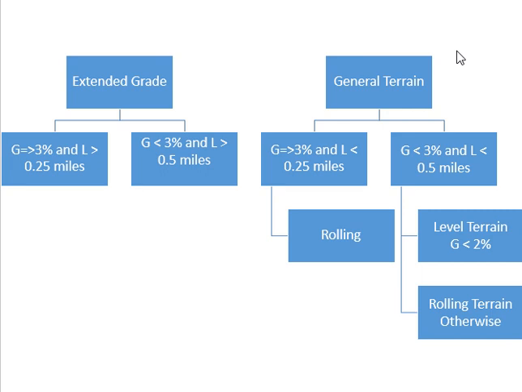Now you can only check one of them because your gradient can be either more than 3 or less than 3, right? You cannot have both. So first of all, you will look at the gradient and decide which box to check. Let's say I want to check this one. What am I checking? The length. In the end, you are checking the length.